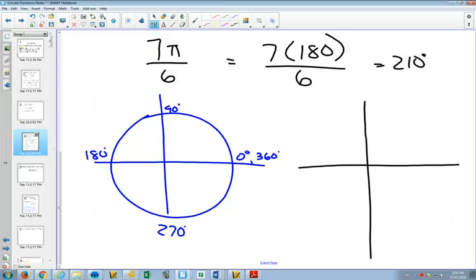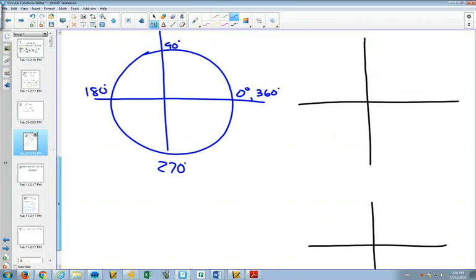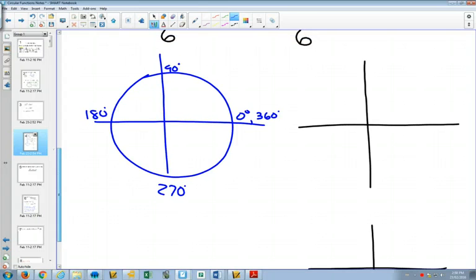We're going to do this in radians twice. Once using pi and once using numbers. 0 pi. All the way around, instead of 360, I could say 2 pi.